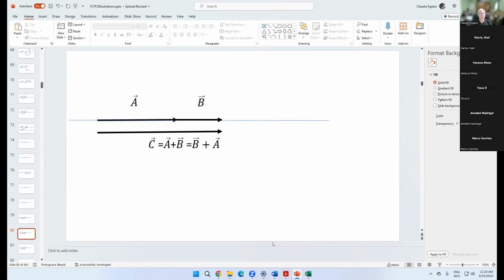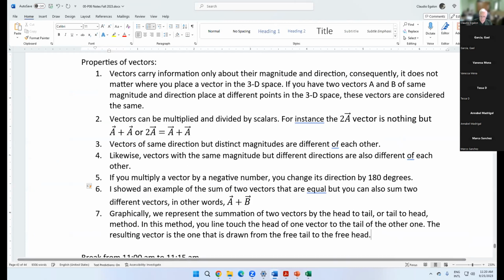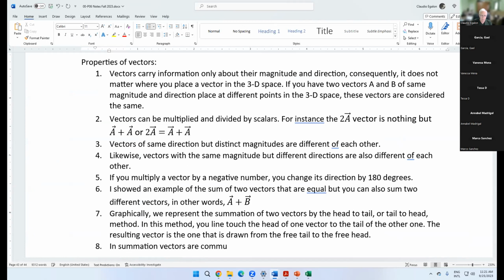So vectors obey what we call the commutative property. Now, in summation, vectors are commutative.